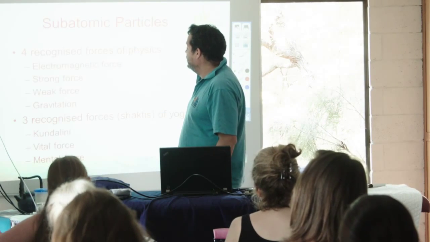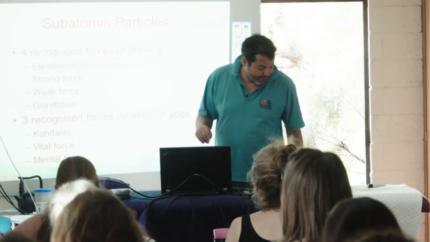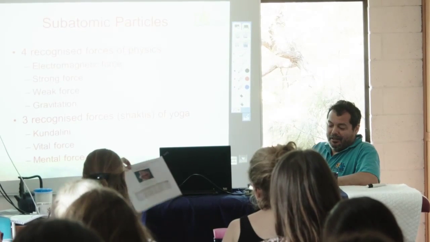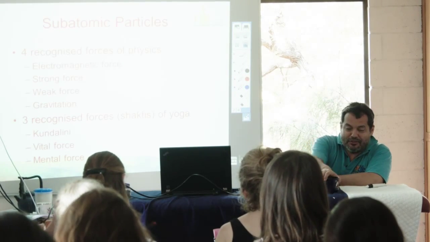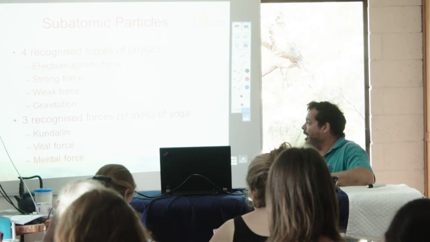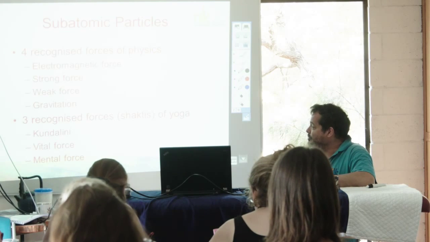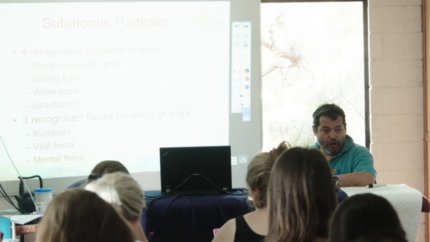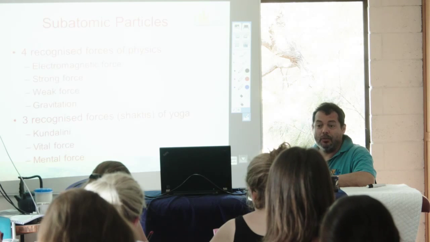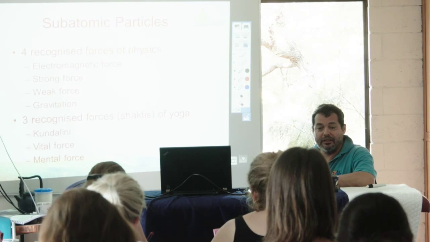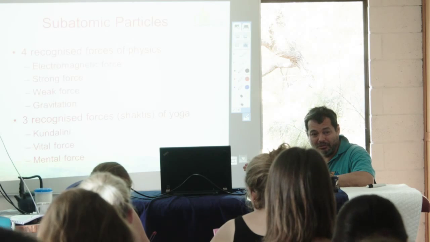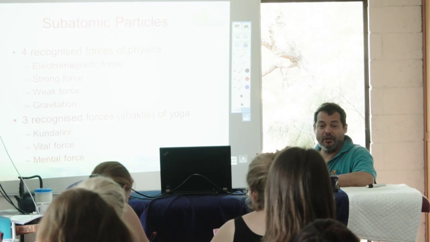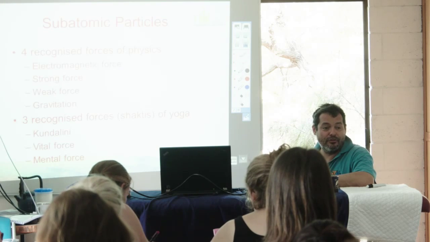So the force. So in physics, I love this. In physics, my brother's a physicist, you know. There's 4 recognised forces. The electromagnetic force, the strong and the weak force, which I've just showed you, and the gravitational force, which they actually haven't properly measured yet, because each force has a carrier particle, and they've measured the electromagnetic force, which is a photon, which, you know, just the sun releases photons.